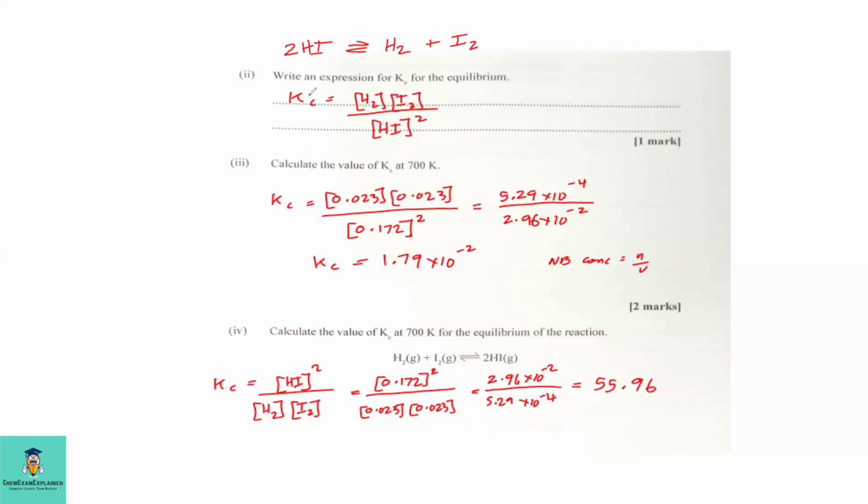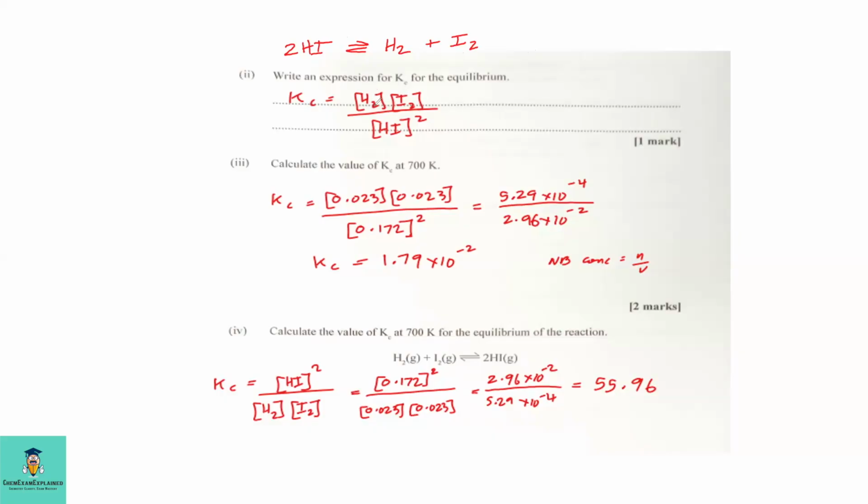To write the constant Kc, which is the equilibrium constant for concentration, it is the product of the products raised to their coefficients divided by the product of the reactants raised to their coefficients.